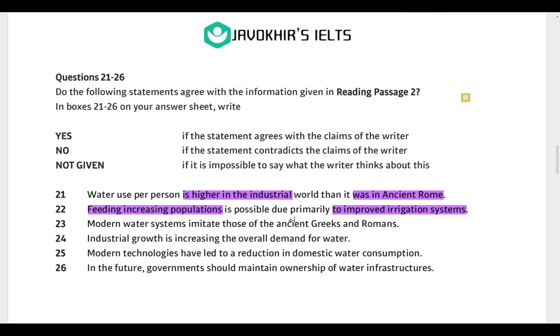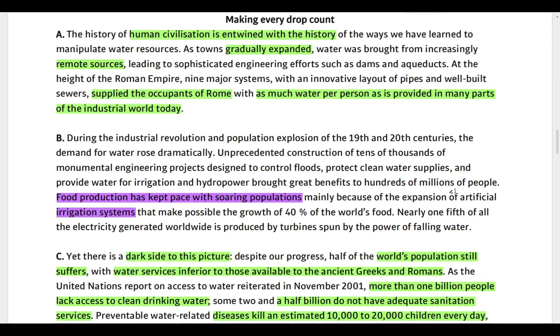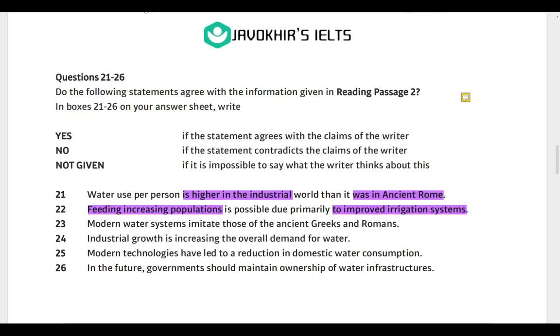So the answer for that would definitely be yes, and the word artificial has nothing to do with the answer. So yeah, the answer is obviously yes.